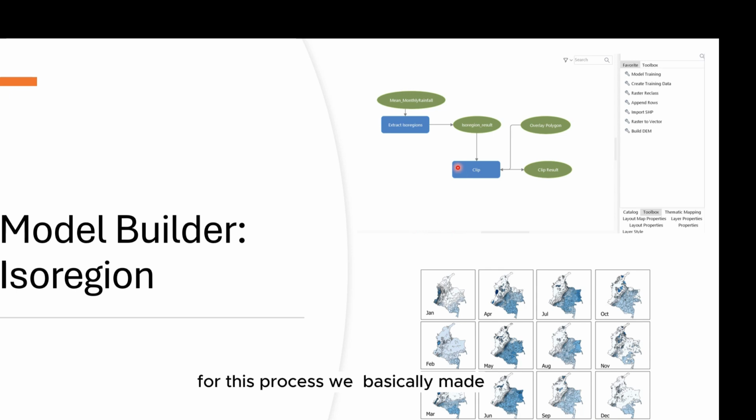For this process, we basically made a model builder for making isoregions in SuperMap, where from the raw data, that is the rainfall that we downloaded through Google Earth Engine, we first vectorize, like extract the isoregions, right? And then we clip with the boundaries of Colombia that we had.